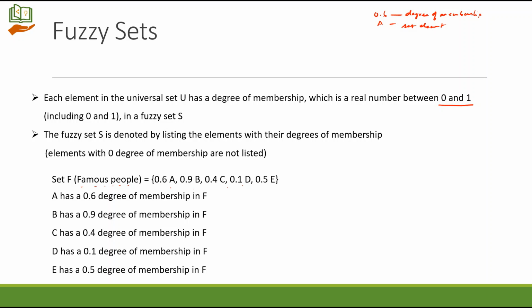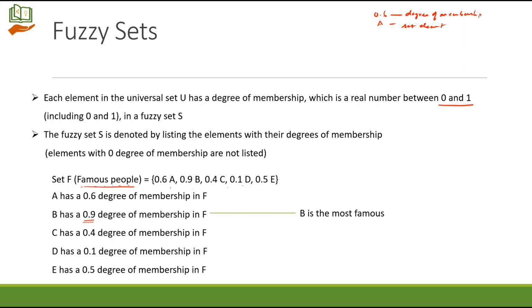It is the set of famous people. The higher the degree of membership, the more famous that person is. So we can conclude B is the most famous among all the other people. We can say set element, but here they are referring to famous people. Instead of names, I have picked alphabets: person A, person B, person C, person D and person E. Person B is the most famous because it has the highest degree of membership.